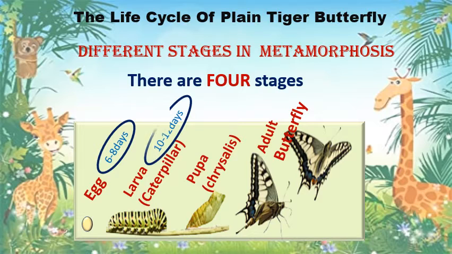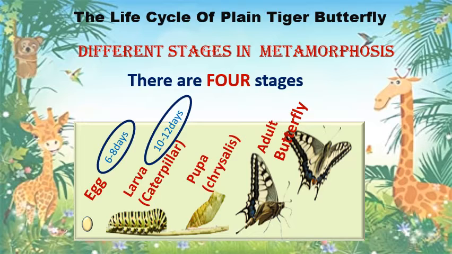And when the larva emerges from the egg, it eats very fast because it is very hungry. So it grows rapidly. The larva of the butterfly is called as caterpillar. Remember this. And it stays in larva stage for 10 to 12 days.